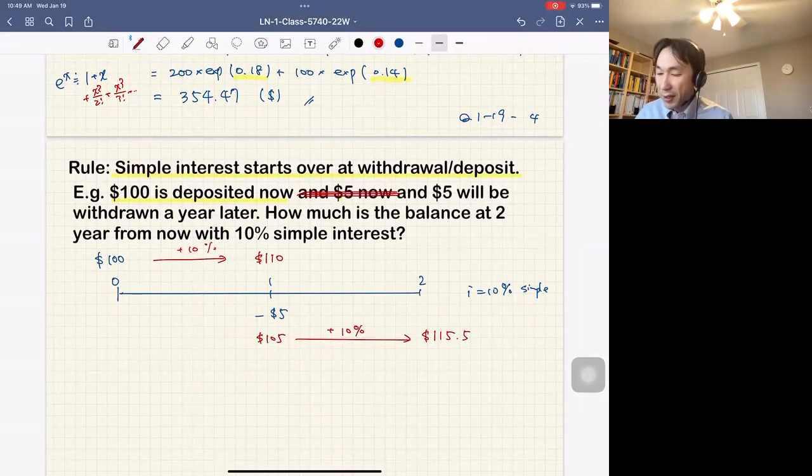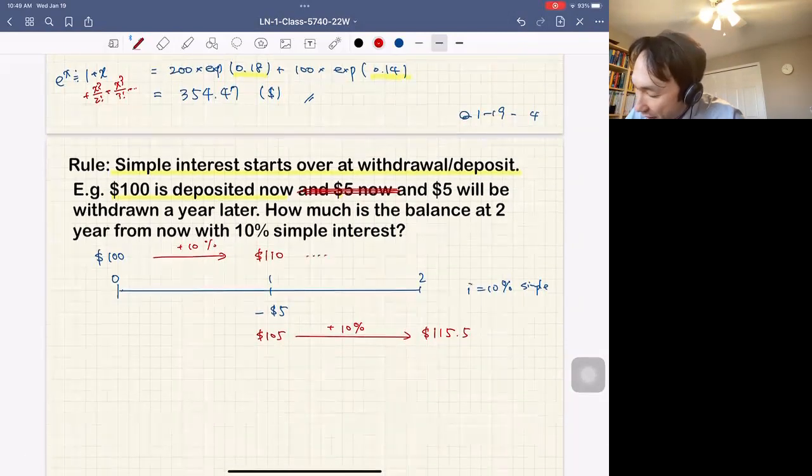So it's very strange, right? Because we earn the $10 and then after that we earn the $10.5, even though we have withdrawn $5. If you did not withdraw any money, then this 110 becomes 120, right?